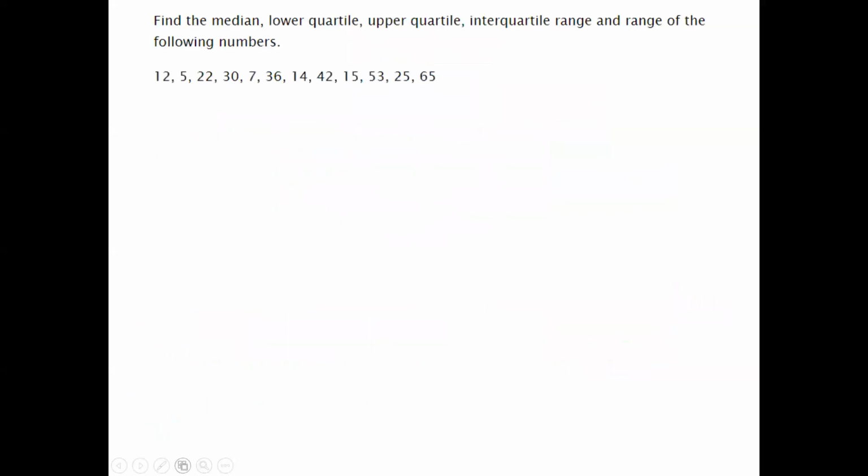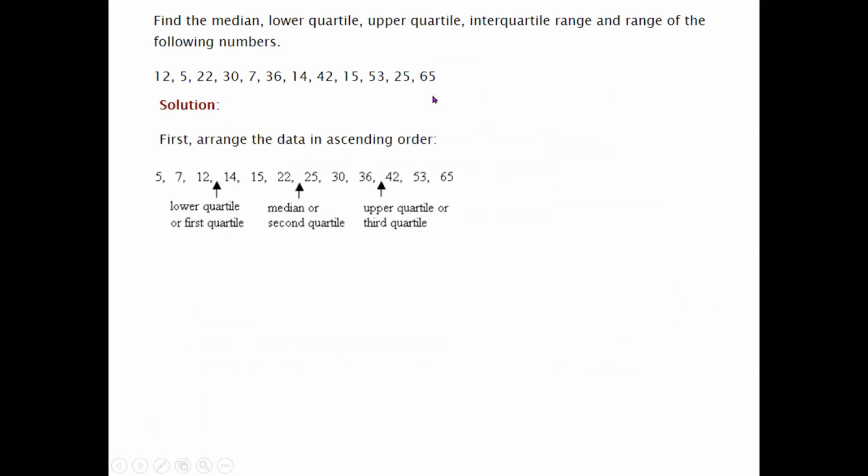So I will tell you how to calculate these quartiles. For example, consider these numbers. First you need to arrange them in ascending order, as I told you. Now see, 3 plus 3, 6 plus 3, 9 plus 3, 12 numbers. So after 3 numbers, first quartile. After 6, second quartile. After 9, third quartile. So Q1, Q2, Q3. How to calculate this Q1?